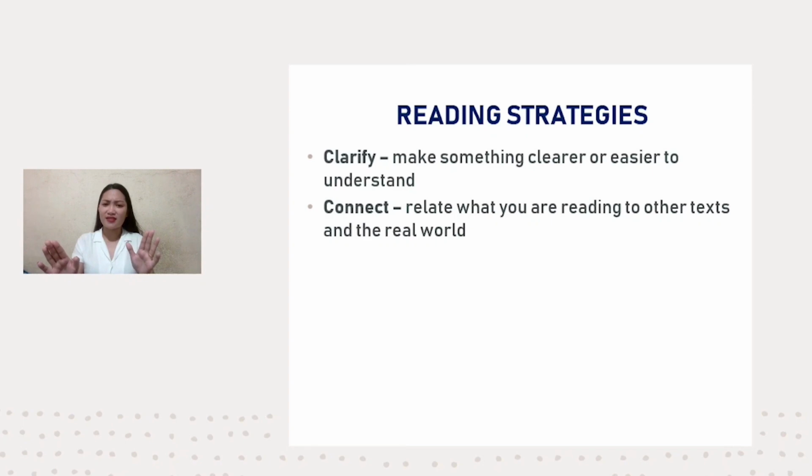You connect and relate what you have read to the real world. So you expose your plants to sunlight and water them every day in order for them to grow.